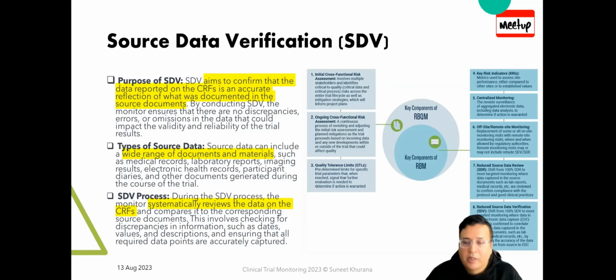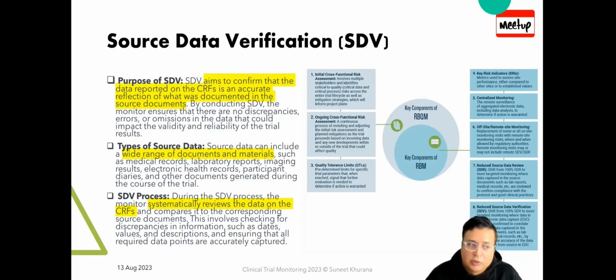Then centralized monitoring is a central location where all the data from the sites is fed in, and then it is analyzed, and they evaluate what exactly needs to be done and make a plan. Offsite remote site monitoring is the same. It's a component of remote monitoring, and it links to centralized monitoring. Then there is reduced source data review.